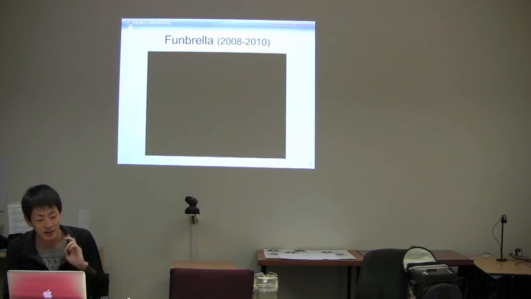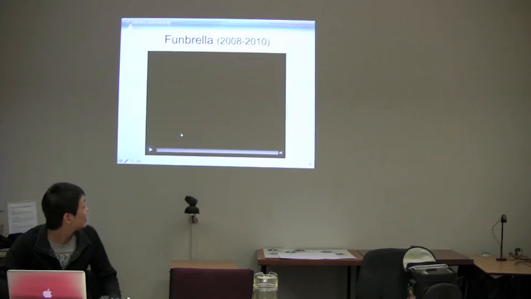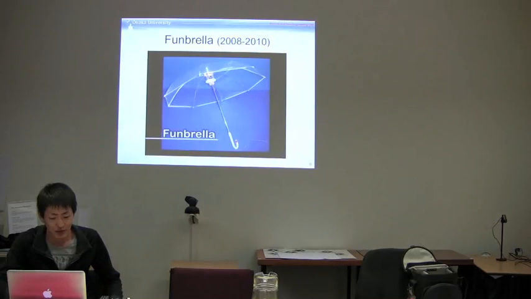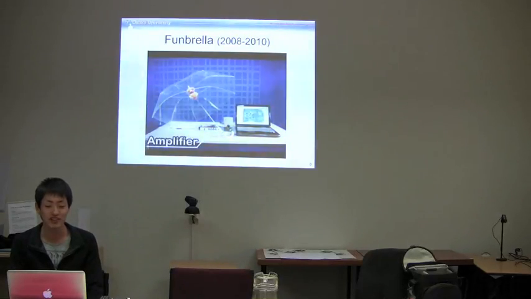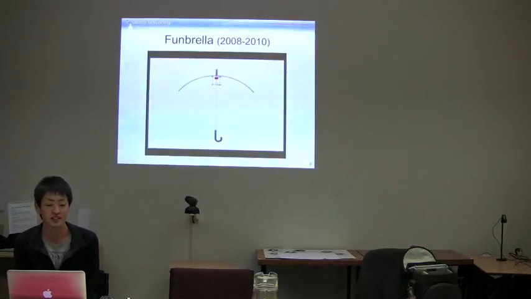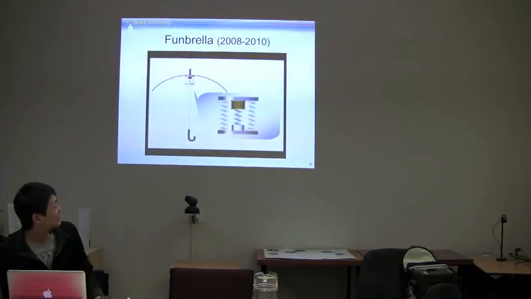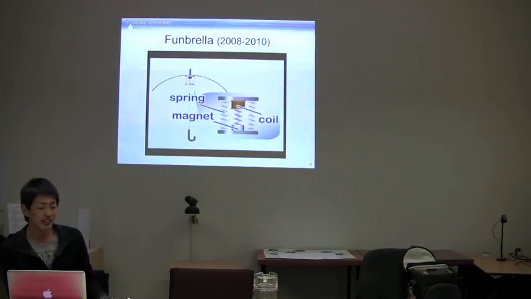This is a very funny project in the field of virtual reality. The name comes from fan and umbrella. This is an umbrella-like device that makes us experience rain, even inside. We use a microphone-like mechanism using a coil, spring, and magnets.